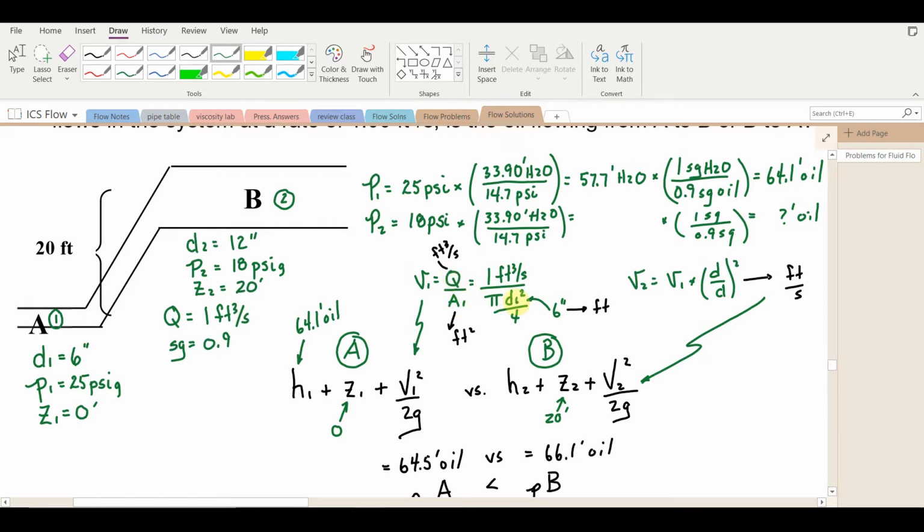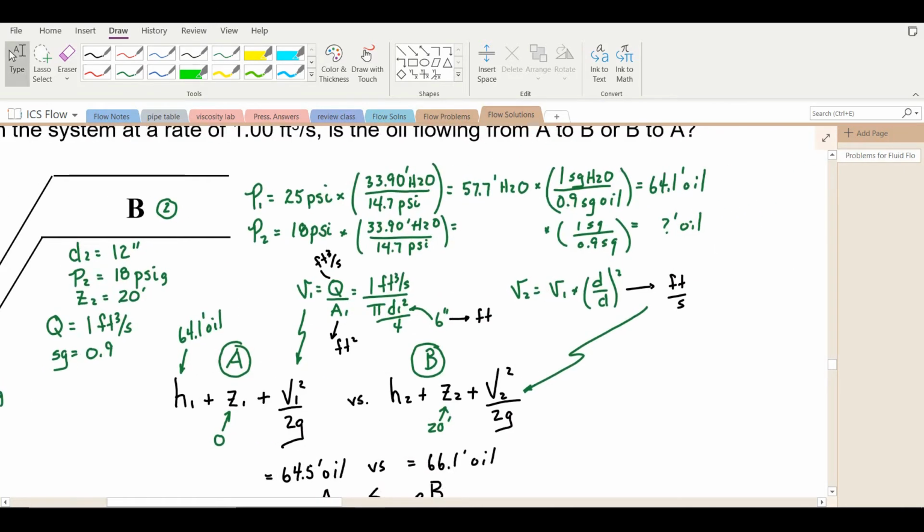So for example, at position A, or D1, the diameter is 6 inches. Convert that to feet. You'll get the area in square feet divided into the flow rate in cubic feet per second, and you'll get feet per second for velocity 1, which you can put into this kinetic energy term. For V2, it's simply V1 times the ratio of diameter squared, and you can put it in for this velocity term.